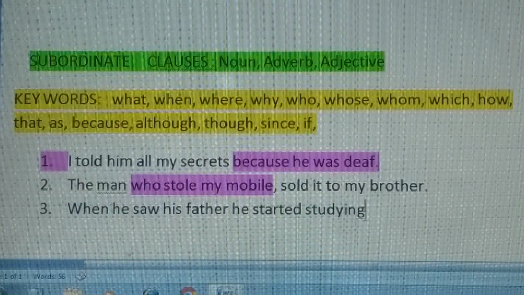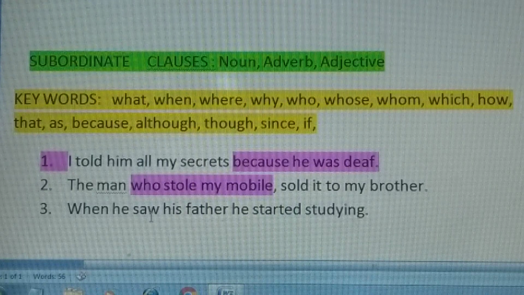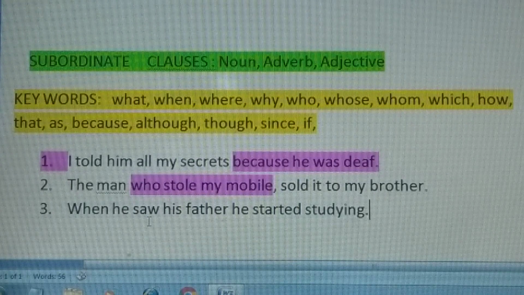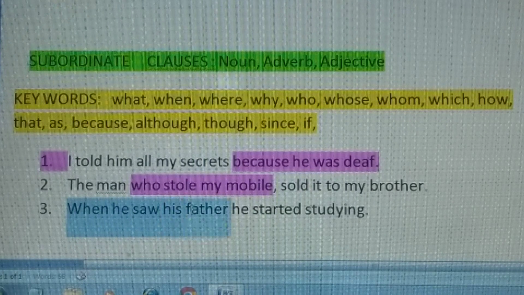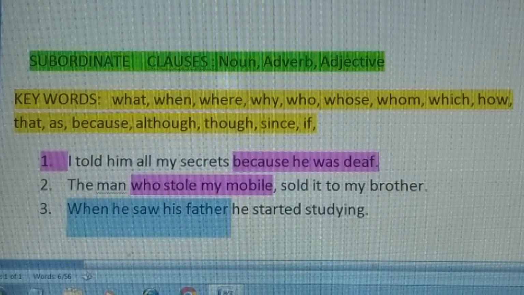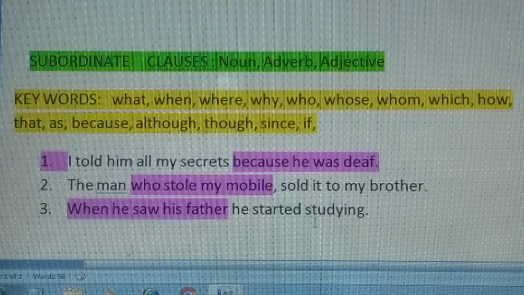Let's see, when he saw his father, there is one verb also, because in a main clause or subordinate clause, there should be a verb. Here started will not be part of it. When he saw his father, this is the subordinate clause. And he started studying is the main clause.